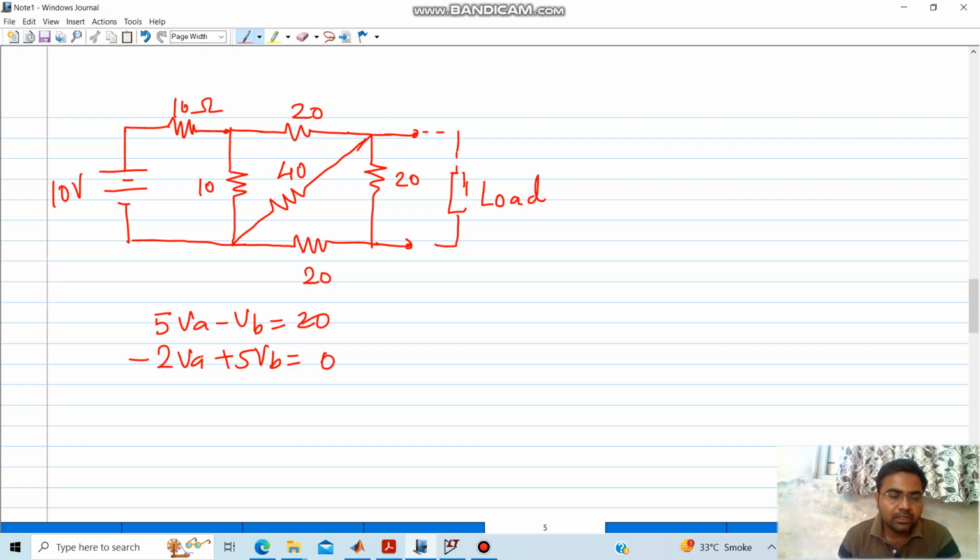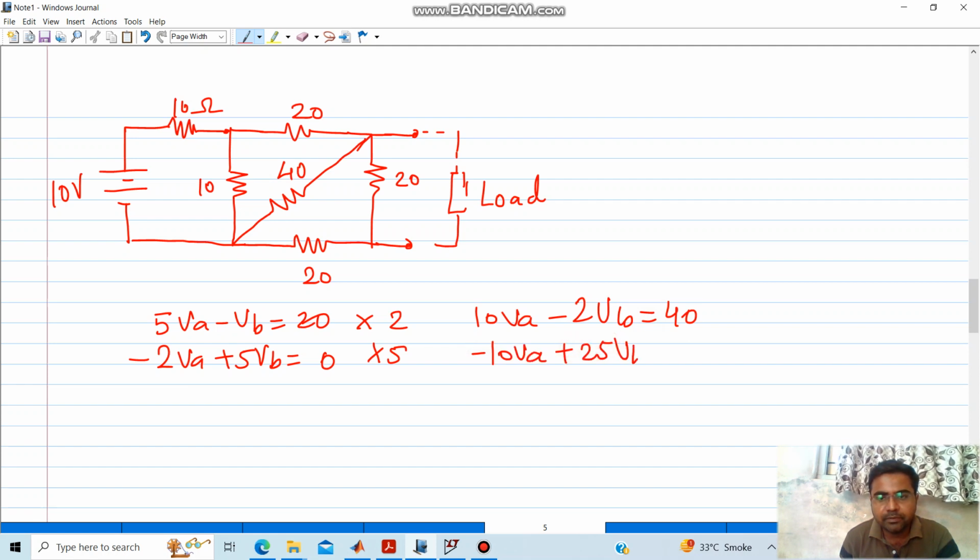So what I can do is I can multiply this with 2 and this with 5, so that this would become 10VA, 2VB, 40, and that would be 10VA, 25VB, 0.